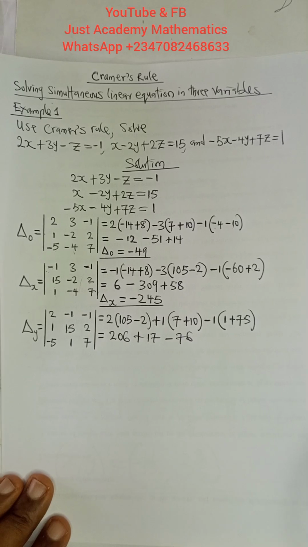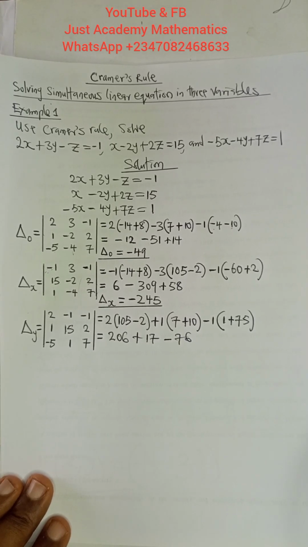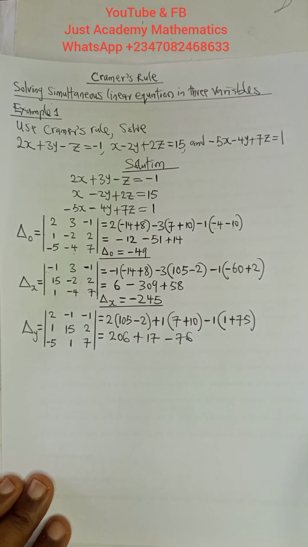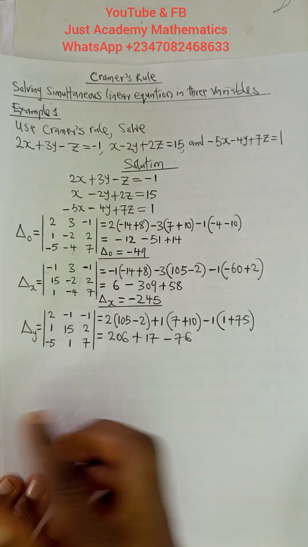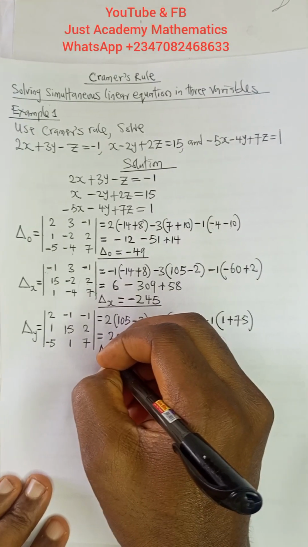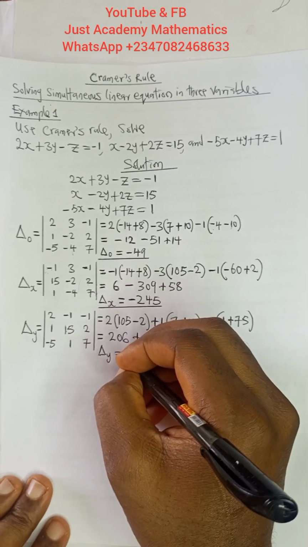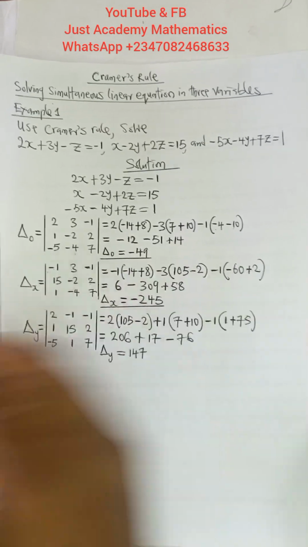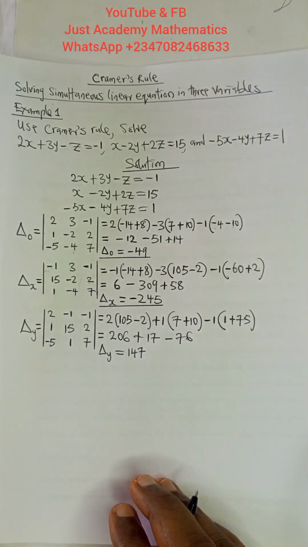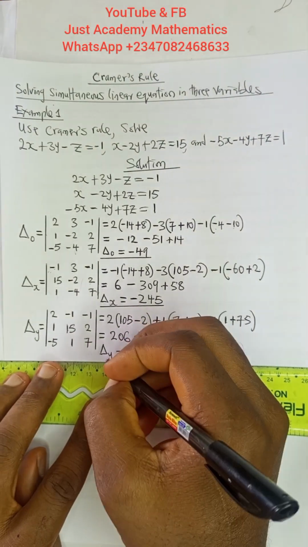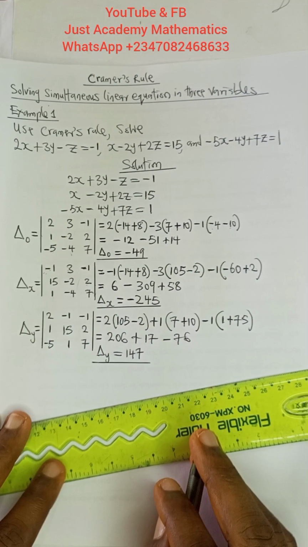So what we have now is 206 plus 17 minus 76. And that will give us what? Change in y, which is equal to 147. That is change in y. Can you see that now? Now we have gotten change in y.